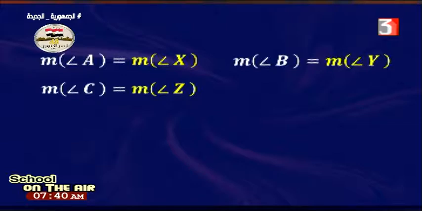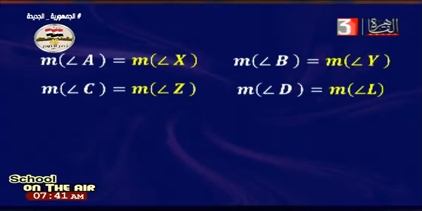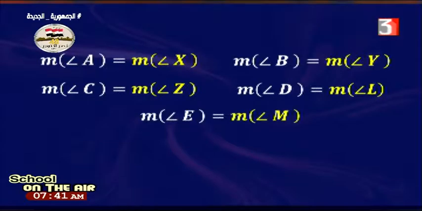What else? Yes, measure angle D equals measure angle L, as they are the fourth letters in the two polygons. And finally, measure angle E equals measure angle M. The last two letters have the same measure. This is the meaning of corresponding angles are equal in measure.